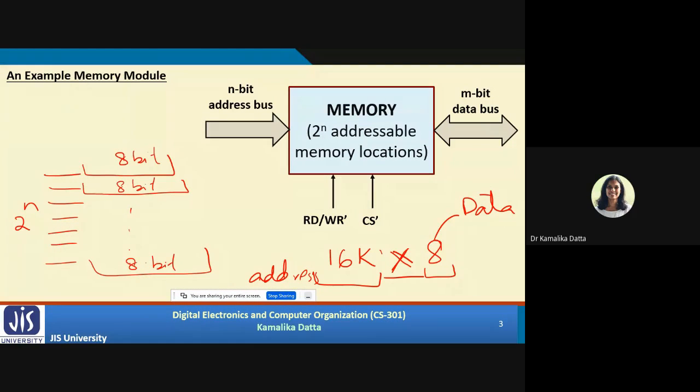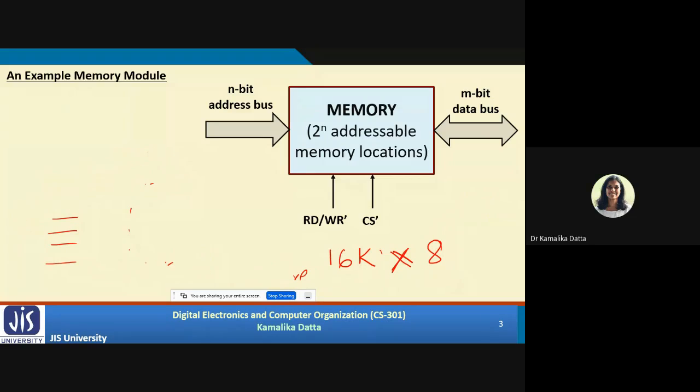So for this, can you tell me how many data lines and how many address lines will be required? Shobhi, can you tell me? Ma'am, 10 address lines and 8 data lines.